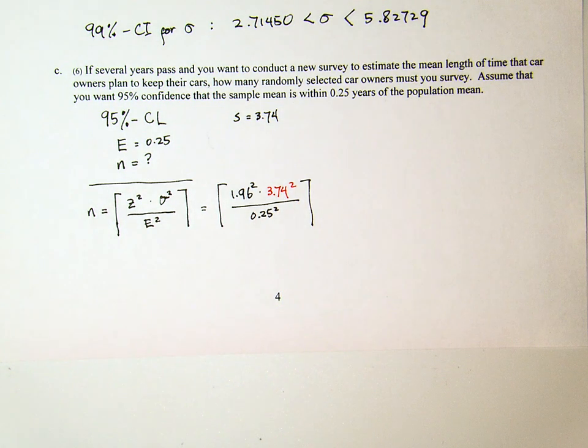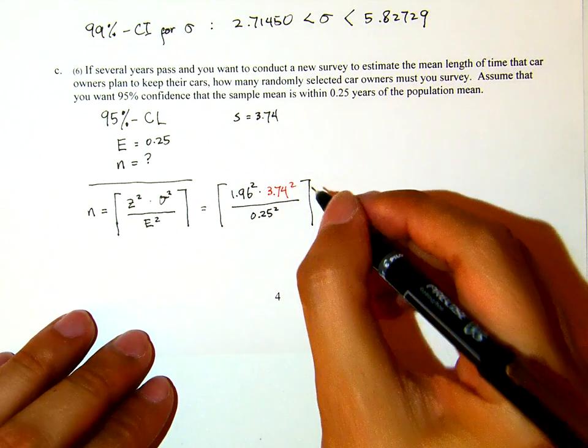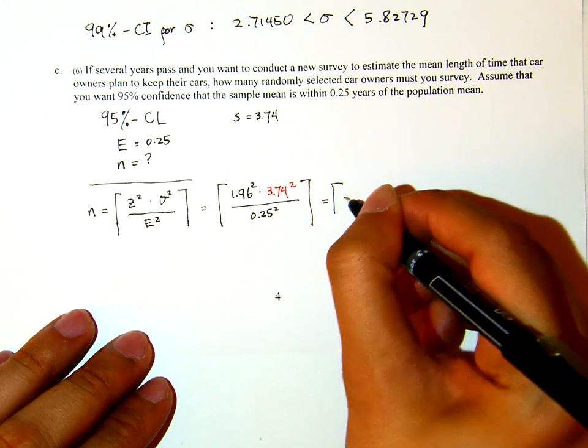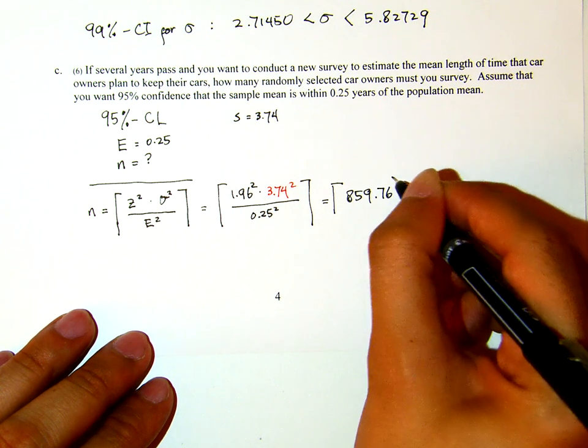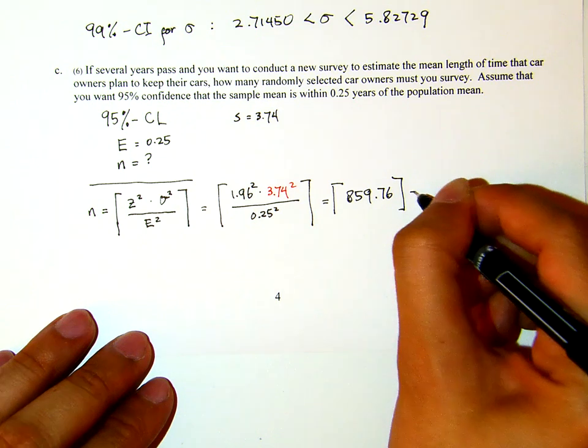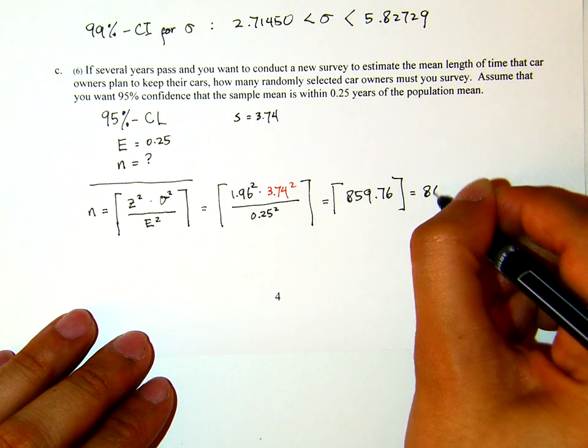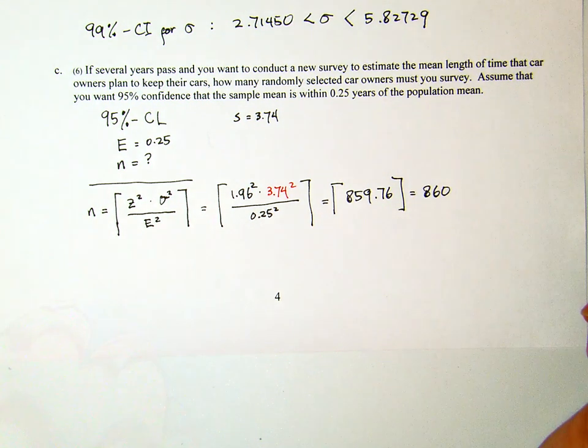So 1.96 squared times 3.74 squared divided by 0.25 squared will give me the ceiling of 859.76, which means I will use 860 data points now. But notice that this is our temporary number.